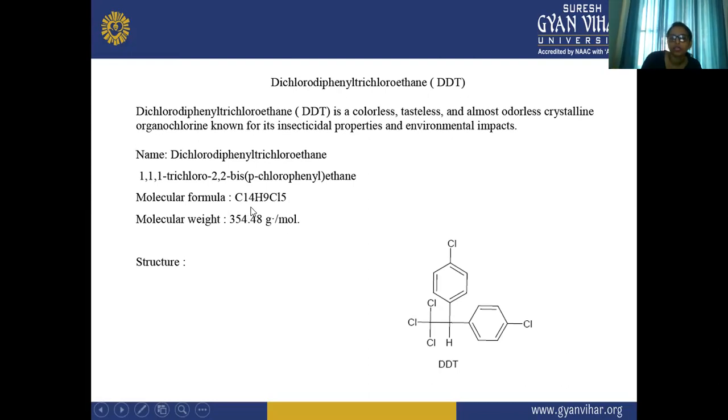H9 because 8 hydrogens are attached on the rings and 1 hydrogen is here, so total 9 hydrogens. And chlorine 5 because 3 chlorines are attached to the first carbon atom, and 2 chlorines are attached to the 2 phenyl rings. So C14H9Cl5. Here is the structure of DDT, that is diphenyl trichloroethane.